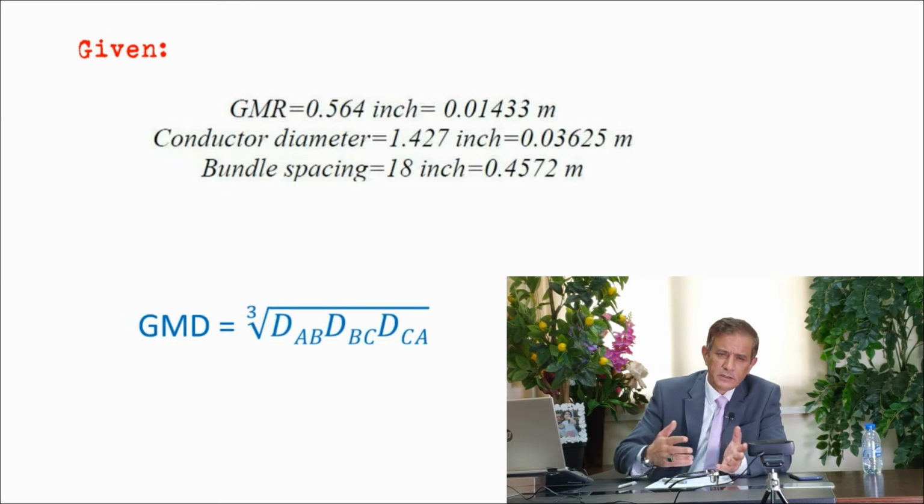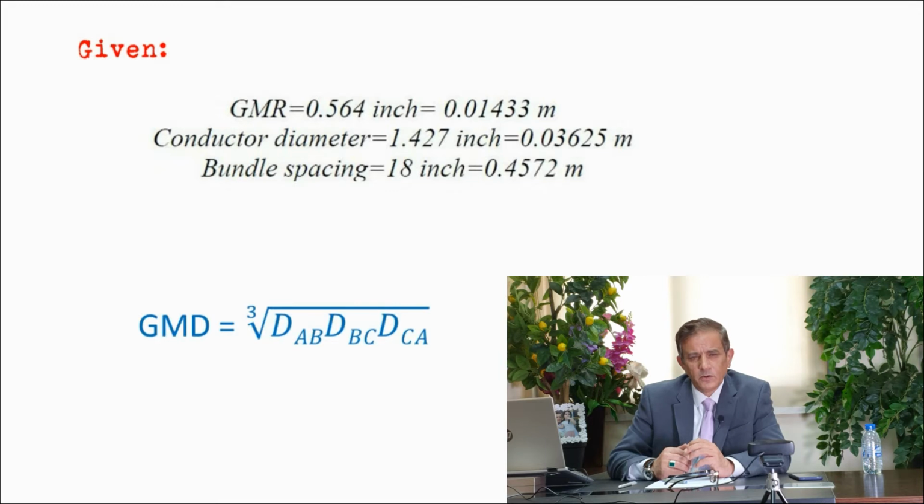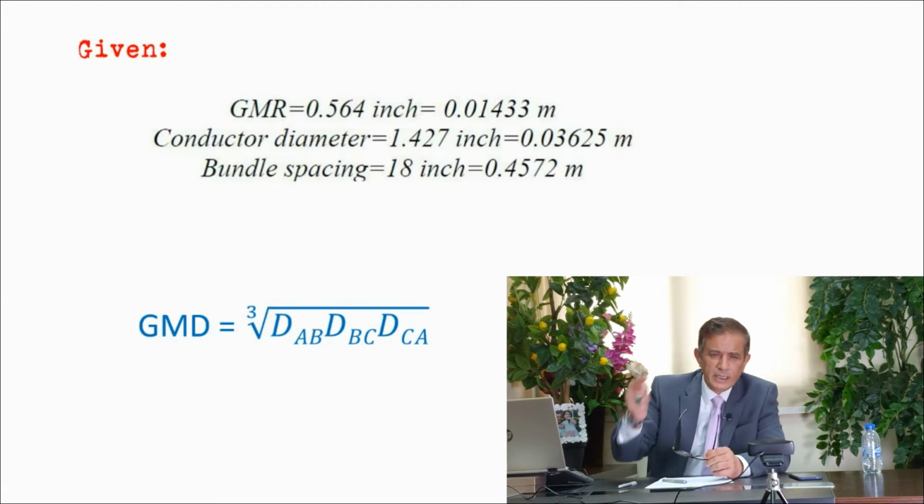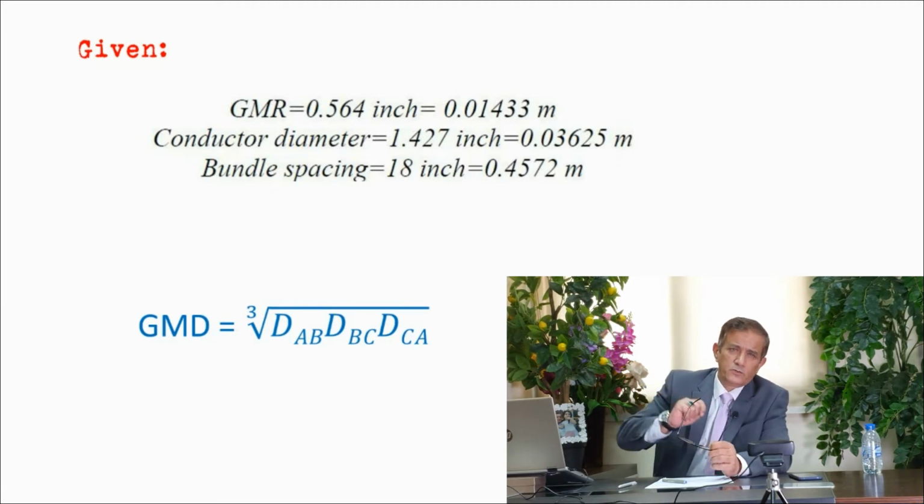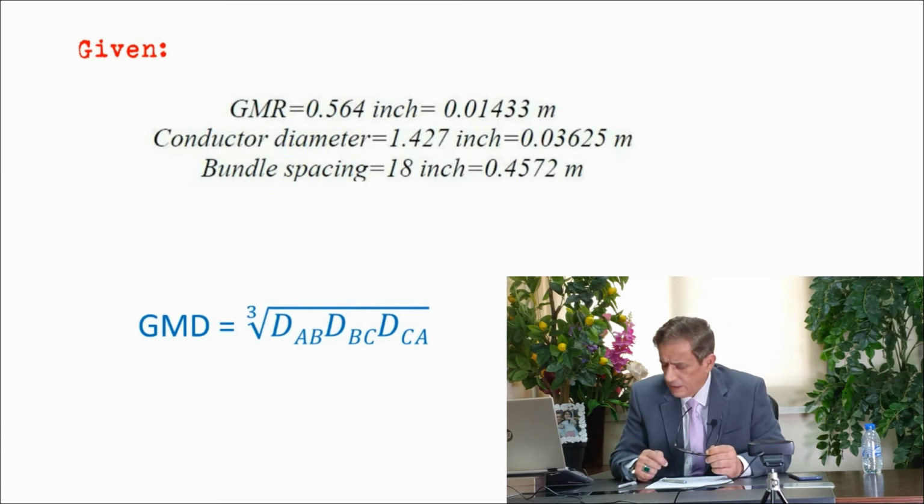We'll see now longer calculations and longer formulas, but this is the basic formula that you will be using. The spacing between phase AB, BC, CA, multiplied and raised to the power of 1/3. Things are different, we'll see how, but we'll come back to this one and substitute in it after finding these spacings.